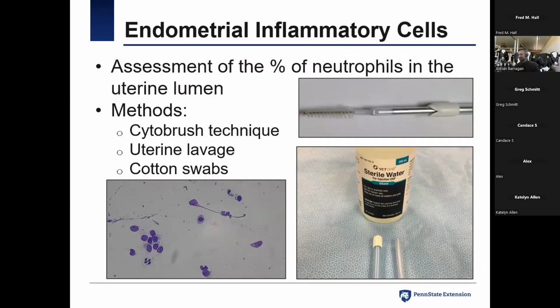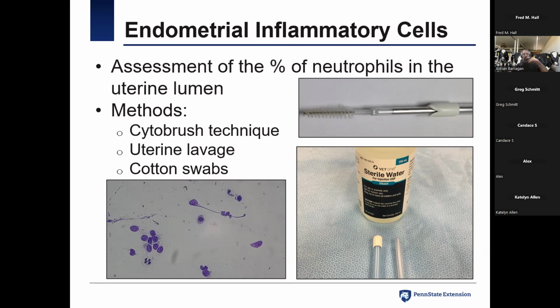Endometrial inflammatory cells. This is a technique or diagnostic tool that I do not recommend using unless we have a problem, right? Unless we know that we have some issues with uterine diseases, or with uterine involution, our cows are not clearing or cleaning up on time, and then it's something that we can take a look at. It's mostly for endometritis. We don't want to do this for metritis.